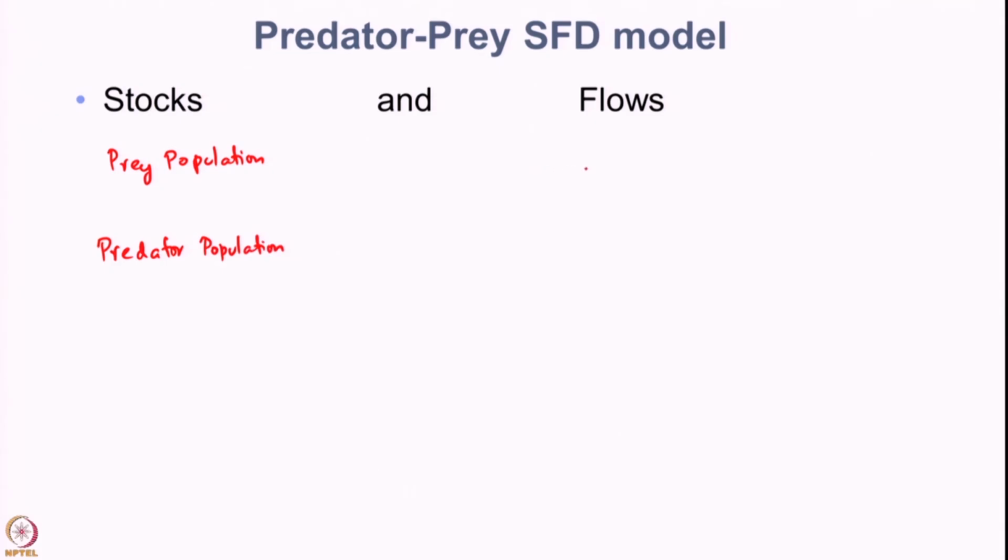The prey population is going to be affected by prey births and prey deaths, and the predator population is similarly going to be affected by predator births and predator deaths. These will be the stocks and flows within our model.